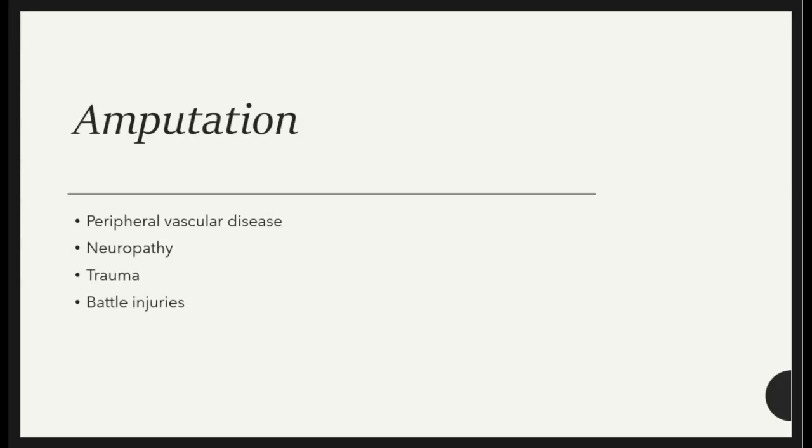And so it could also be from peripheral vascular disease or neuropathy that leads to untreated wounds. It could be a trauma amputation that happens in our younger patients, like motorcycle accidents, motor vehicle accidents. And then it could happen from battle injuries too, so our veterans are another population we watch out for.